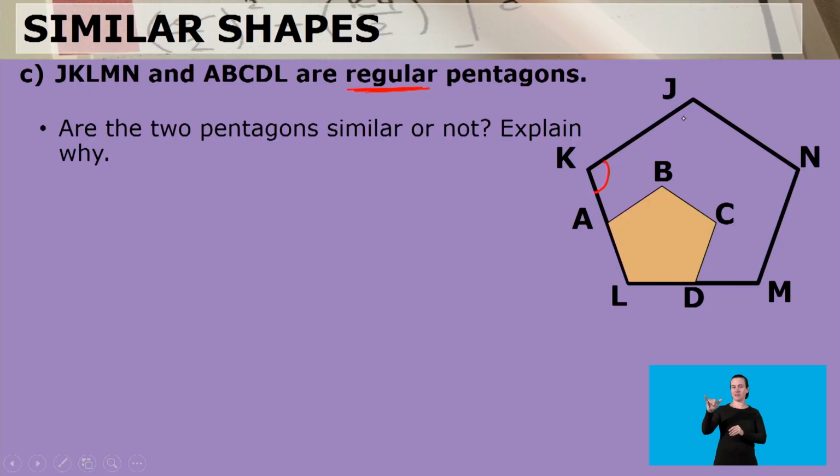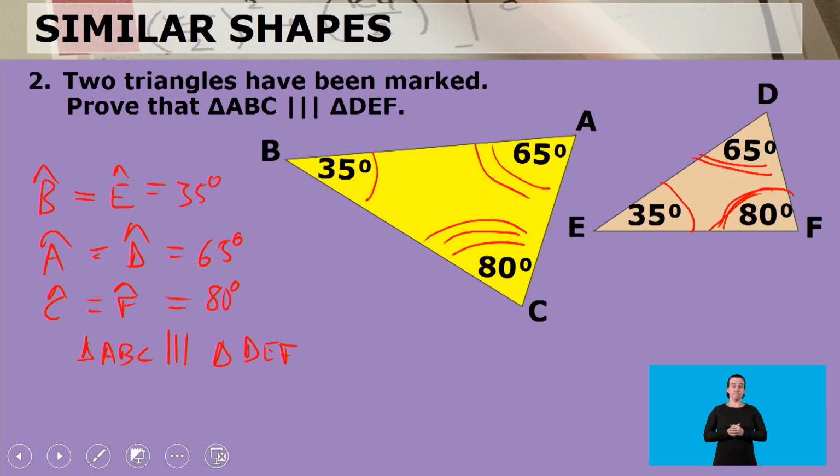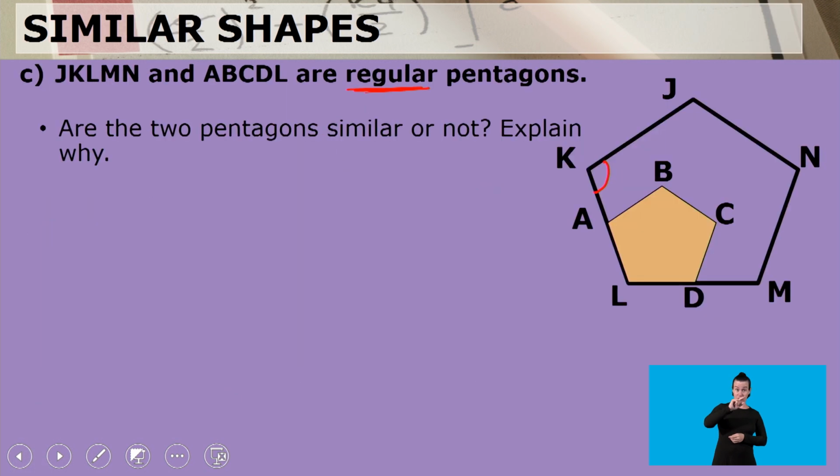Therefore, that means angle K equals angle J, and angle N and angle M and angle L. So all those 5 angles are equal, and the sides, side KJ equals side JM, side MN, side LM, and side KL. So all those 5 sides are equal.